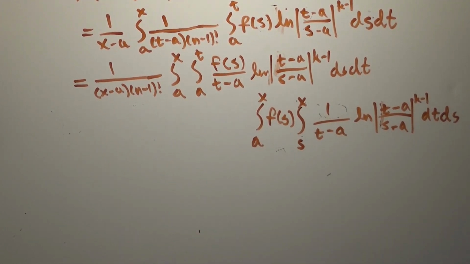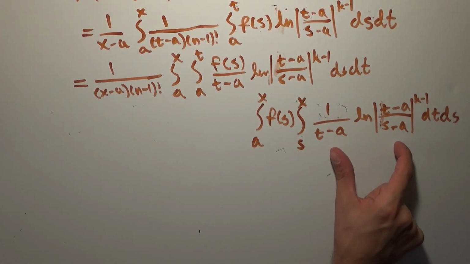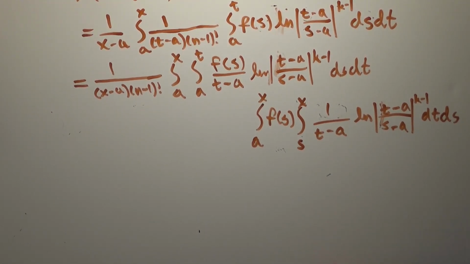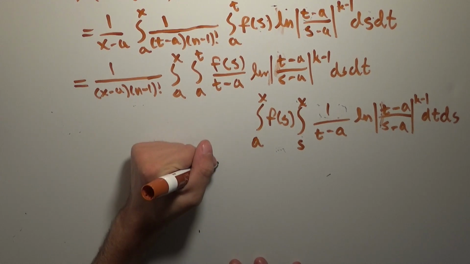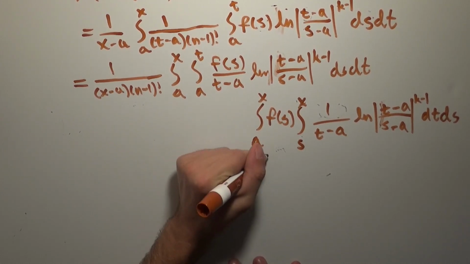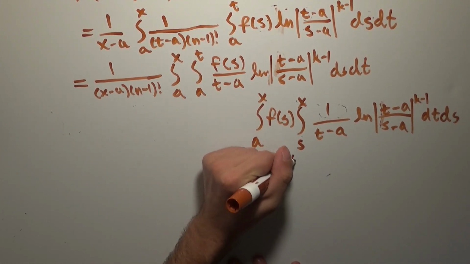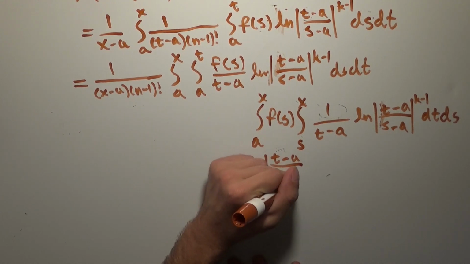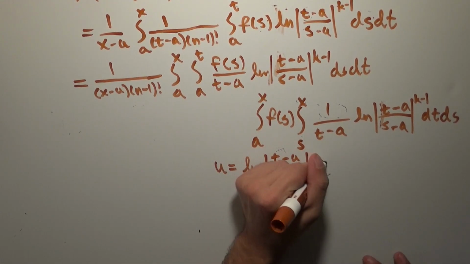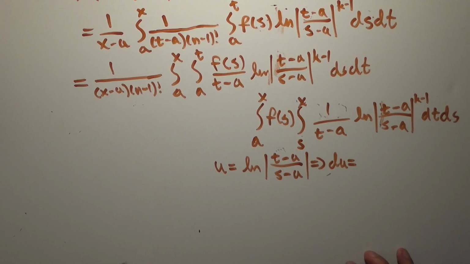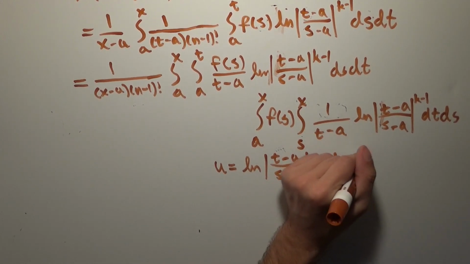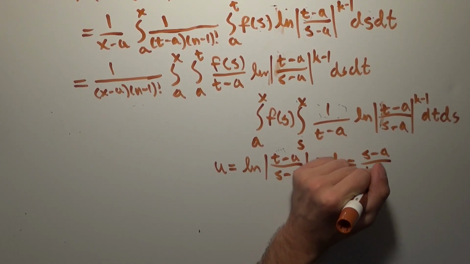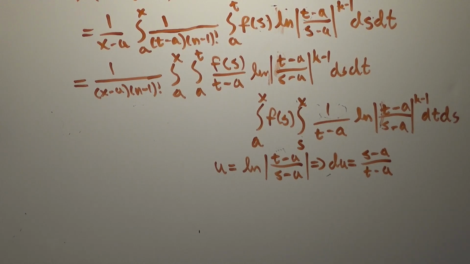But now we can evaluate this integral quite simply. So what we're going to do is we're going to let u equal the natural logarithm of t minus a over s minus a, which means du is equal to 1 over that thing on the inside, so s minus a divided by t minus a, times the derivative of that thing on the inside.